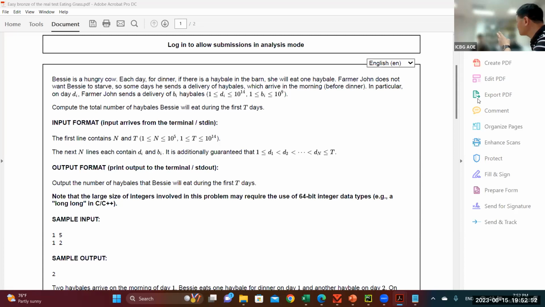Once you find the hungry days, then T minus the hungry days gives you how many hay bales Bessie eats, right? Does it make sense? T is a given number. You already have that, because the first line of input already tells you T, the second number. But how many days Bessie will be hungry, that's what you need to find out. And the good thing is that here, okay, this one.